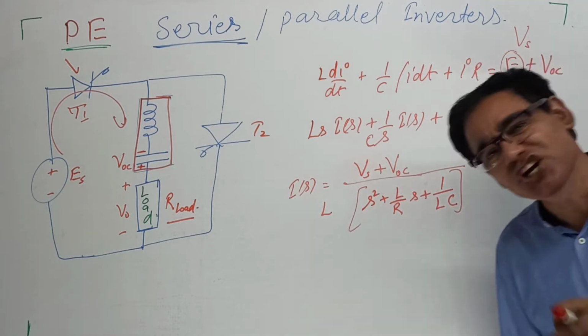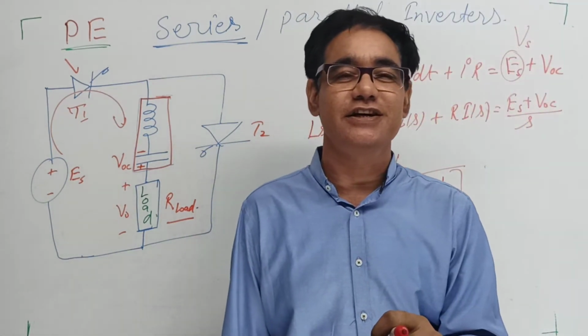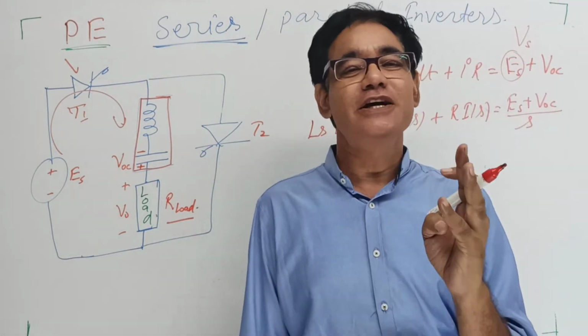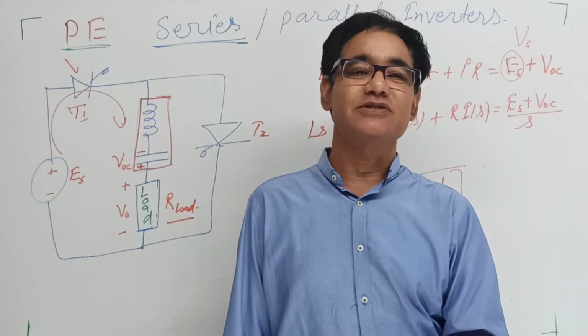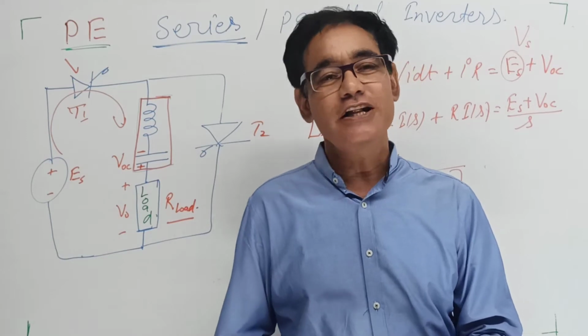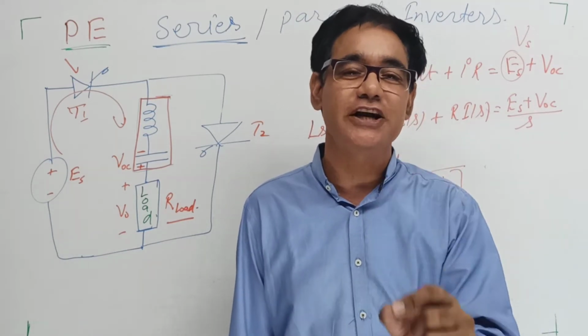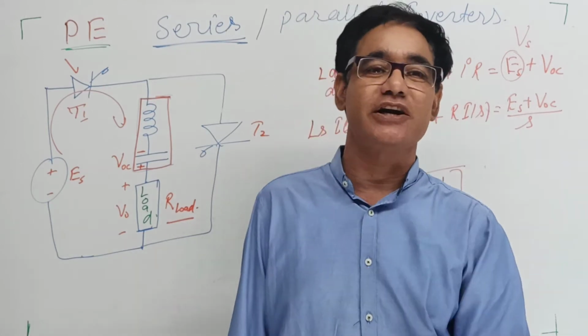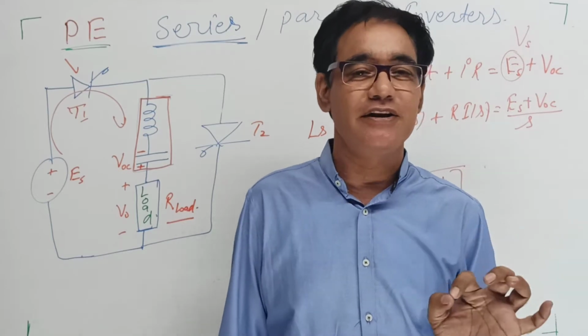So this is the second order equation. When the second order equation is there, it may be the underdamped circuit, it may be the overdamped circuit, it may be the critically damped circuit. So for the healthy operation of the series inverter, the circuit should be underdamped and the damping factor should be near about 0.7.